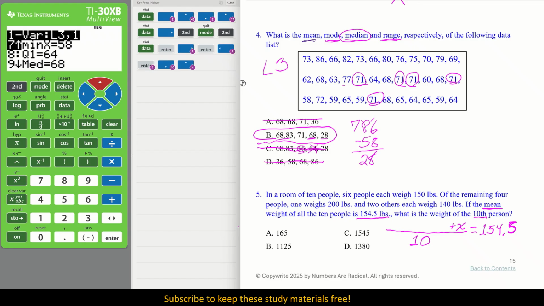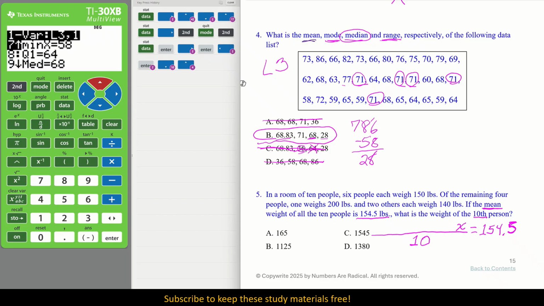But for the first 6, I have 6 times 150. And then I'm going to add that to the 200. Then I have to add that to 2 others at 140. I'm going to have to do a little more creative fitting here. Yeah, there we go. That's better.